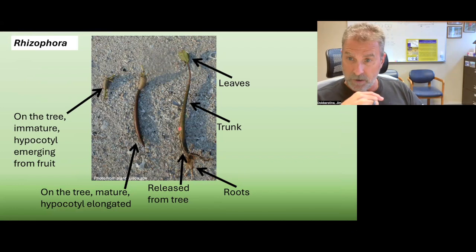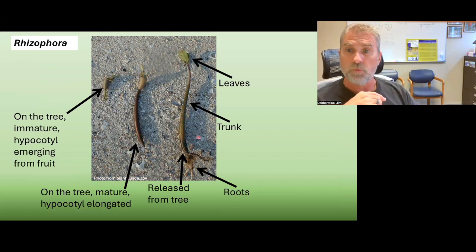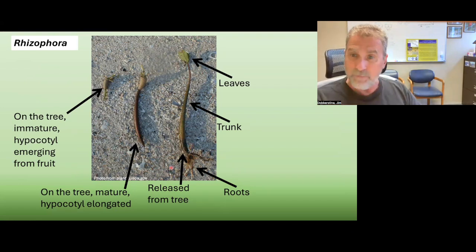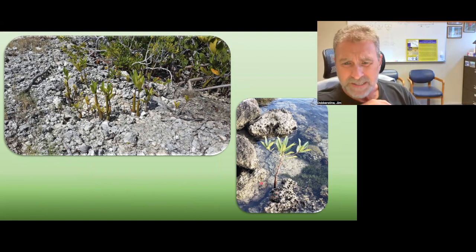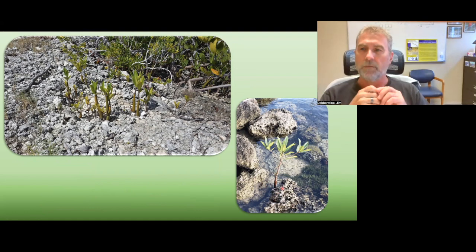This section here will develop into the trunk, and here you'll get the roots down on the bottom. So this is what would be established on the shoreline, which would look like these guys here. A couple different pictures of these, right? You've got the leaves, that stem that was the center part of that propagule, and then the roots underneath the soils or in the sediments, or in this case, actually it looks like it's embedded in some rock.